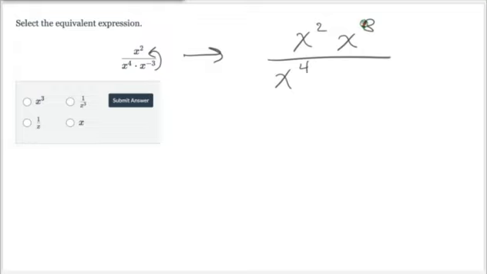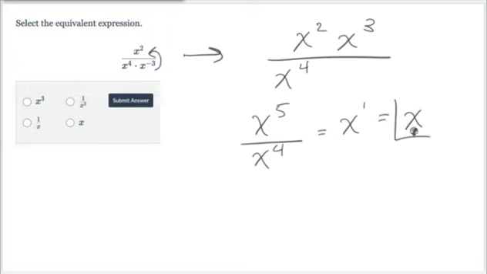So x to the positive 3 in our numerator now. And then same thing, in my numerator, I'm multiplying terms with exponents that have the same base, so I'm adding the exponents. And now I'm dividing terms with the same base, so I'd be subtracting. So 5 minus 4 is 1, and anything to the first power is just itself. So my final answer here would be x.